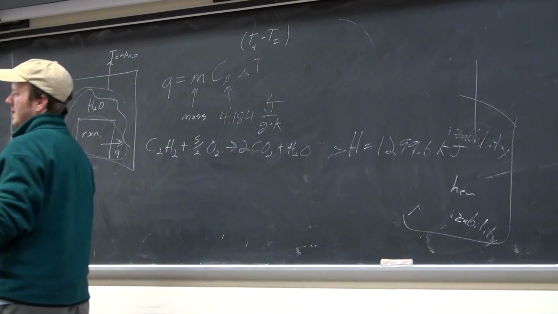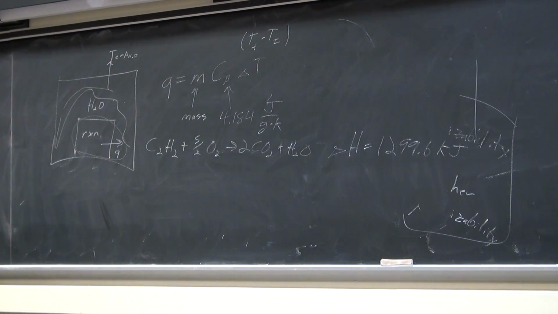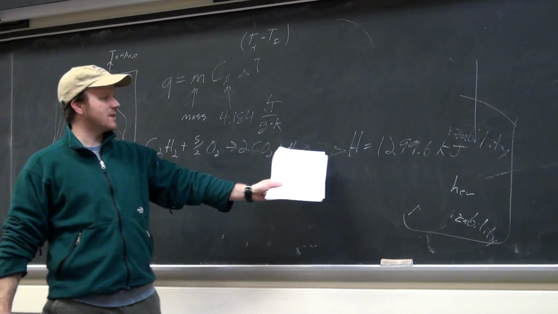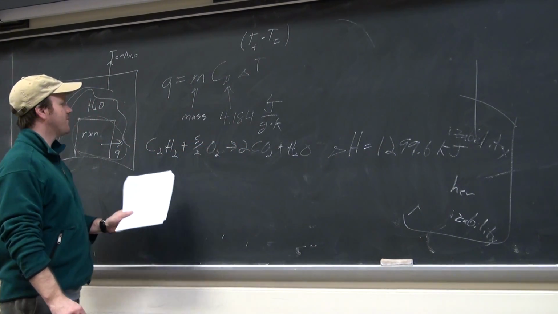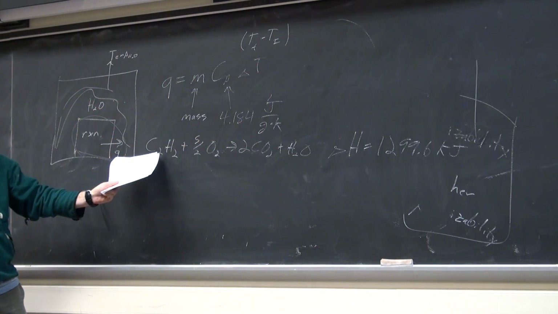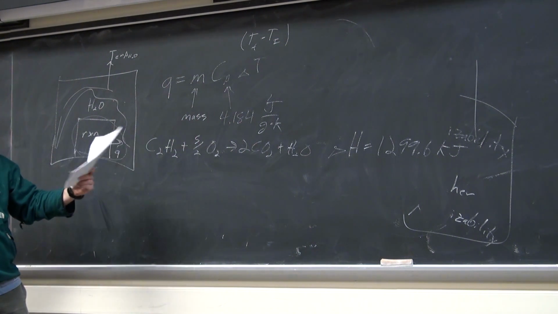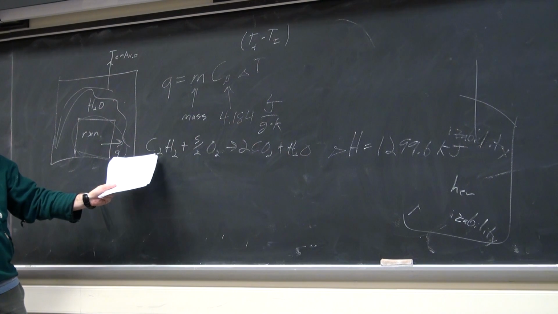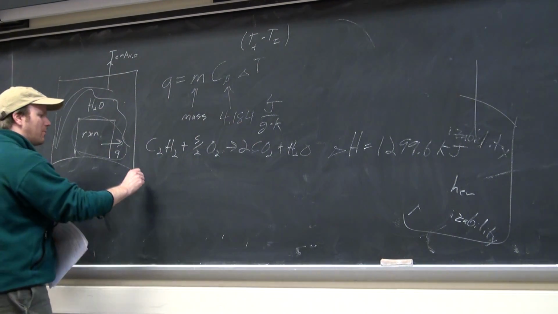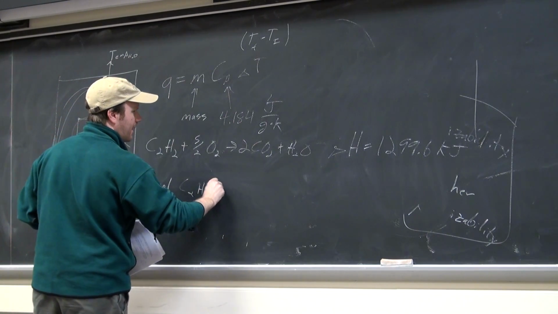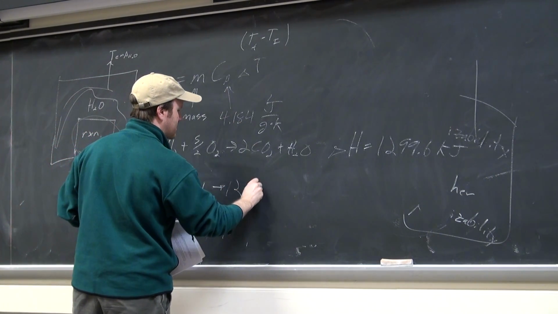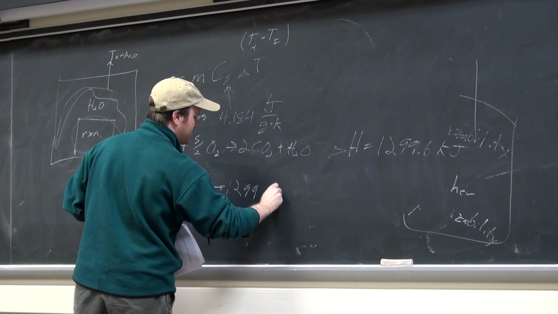That 1299.6 kilojoules, the enthalpy, is the number of kilojoules given off from this reaction when I combust 1 mole of acetylene. So if I have 1 mole, I get 1299.6 kilojoules.